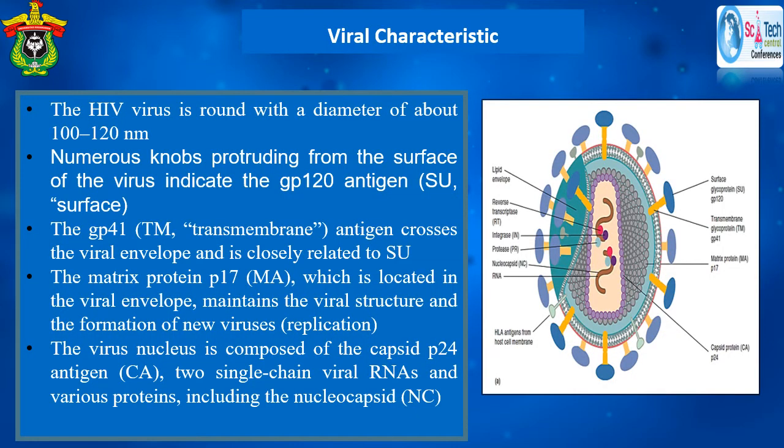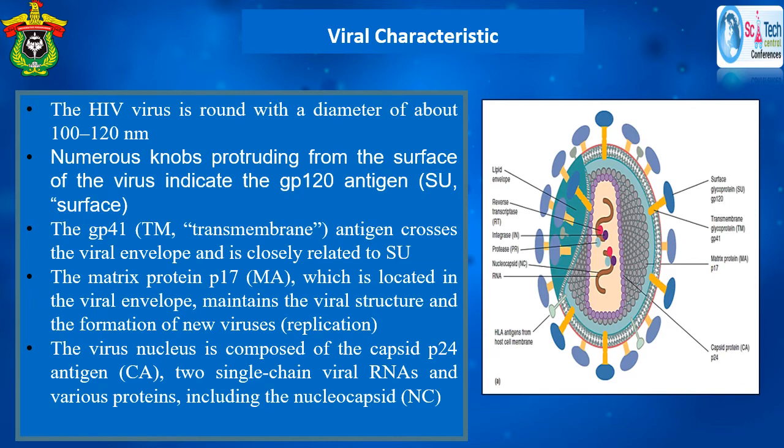This is the viral characteristic. We know that the HIV virus is round with a diameter of about 100 to 120 nanometers and numerous knobs protruding from the surface of the virus indicate the GP120 antigen or surface.